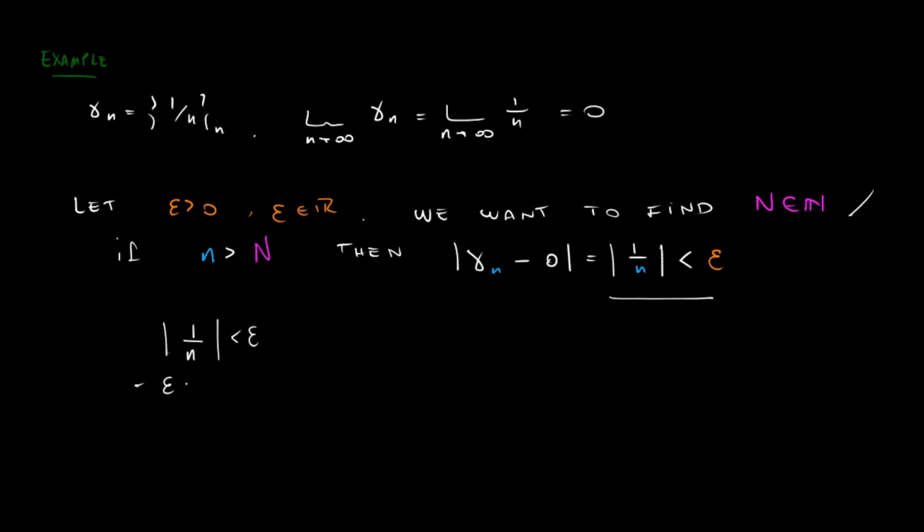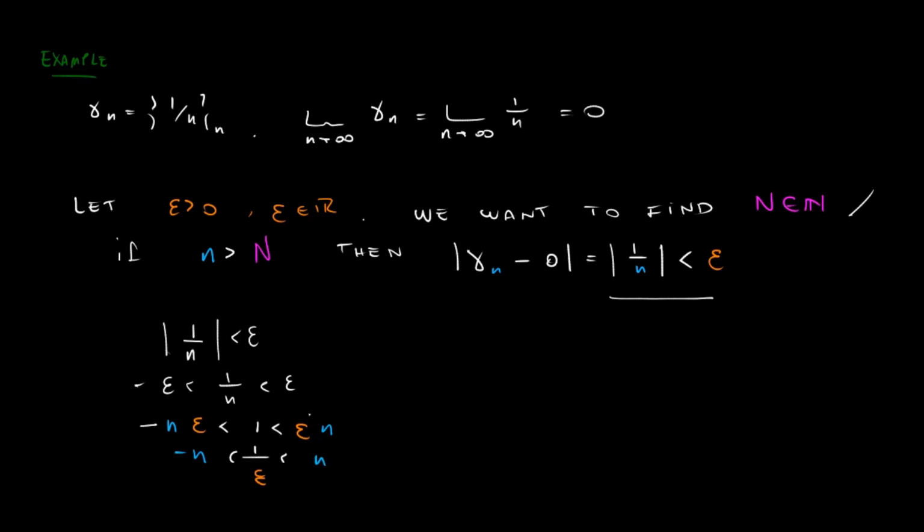Then minus epsilon is smaller than 1 over n, smaller than epsilon. Now let's multiply by n, so we get minus n times epsilon smaller than 1 and smaller than epsilon times n. Now we can divide by epsilon, so we're going to have 1 over epsilon, and this number is going to be between minus n and n.